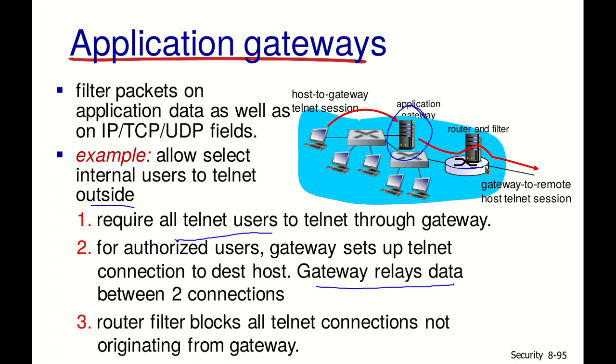After this, the router only allows telnet sessions that originate from the gateway. Any other telnet sessions not originating from the application gateway will not be allowed by the router filter. In a similar way, we can also apply this to a web proxy. Any incoming or outgoing traffic has to go through the application gateway or web proxy first.